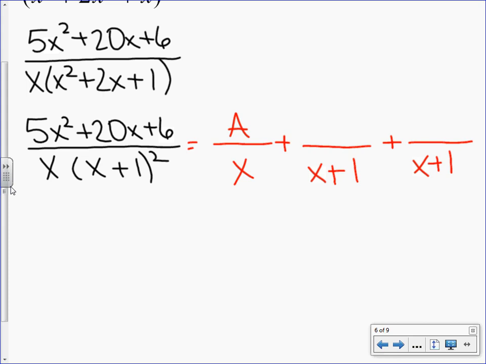That's not the denominator we want. So if you have a repeated factor, you have to include x plus 1 and x plus 1 squared. Okay? And since these are linear, we're still going to write just a constant upstairs. If that was x plus 1 cubed, you'd have x plus 1, x plus 1 squared, and x plus 1 cubed for denominators. Okay, you need all of the powers represented.